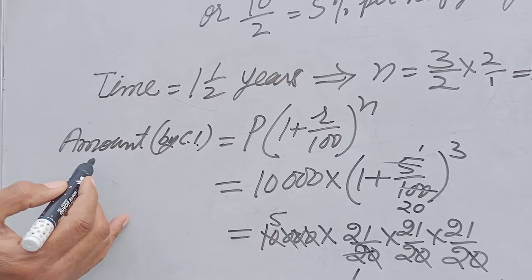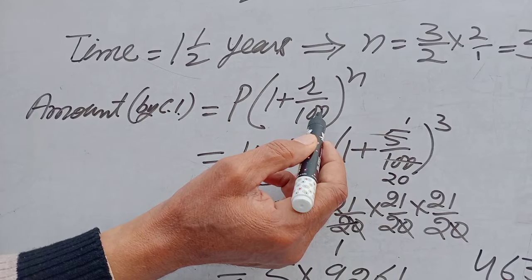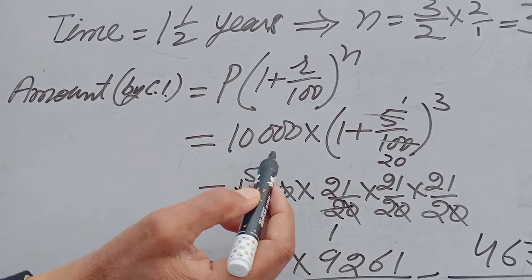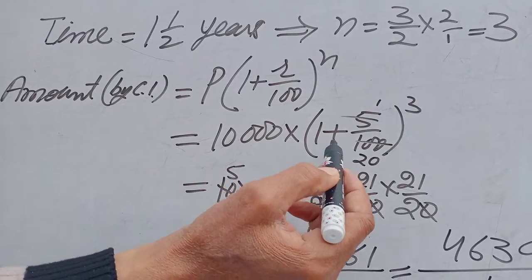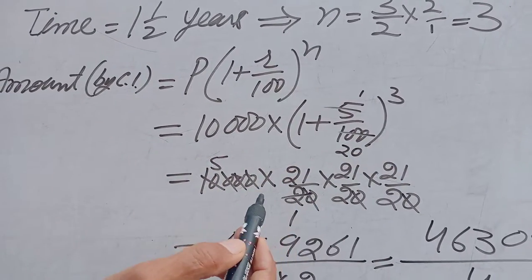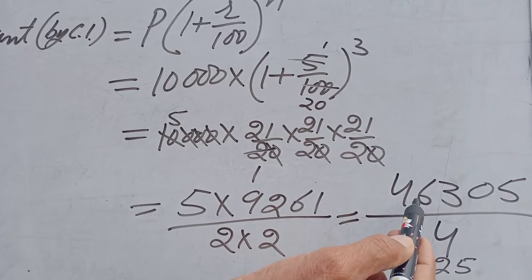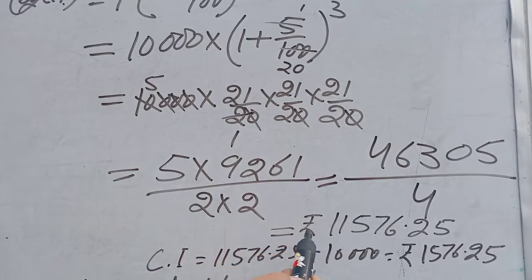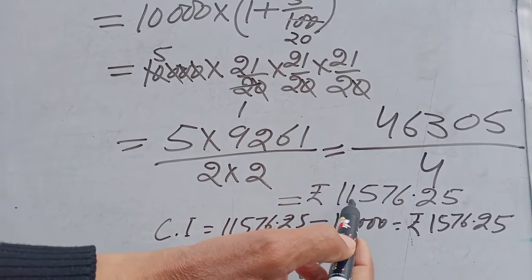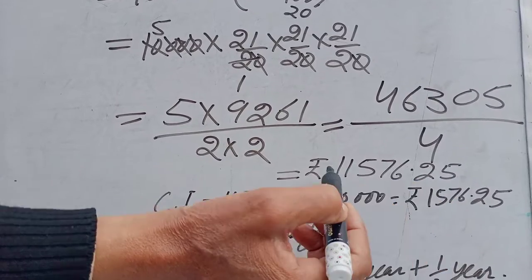Now amount. You must remember this formula. When you put the figures in the formula, you get 46,305 upon 4 or rupees 11,576.25 as amount.